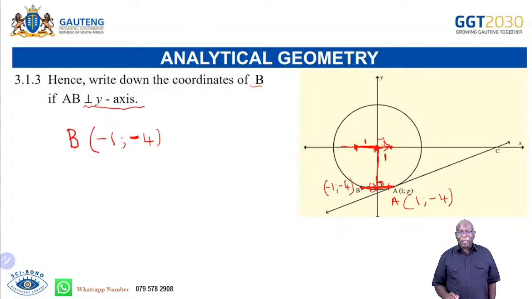So if it's perpendicular, it means that the line from the center of the circle perpendicular to that chord AB bisects this line. So if the line is bisected, the distance between the y-axis and A and the distance between the y-axis and B will be the same.